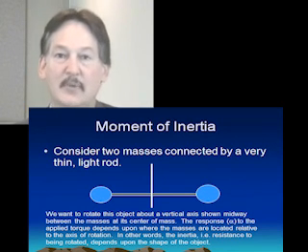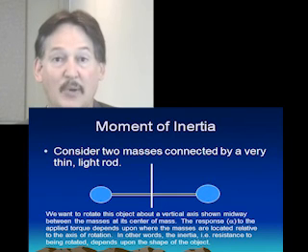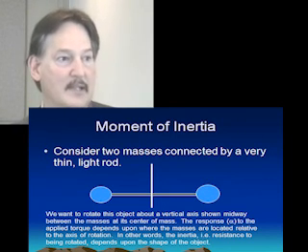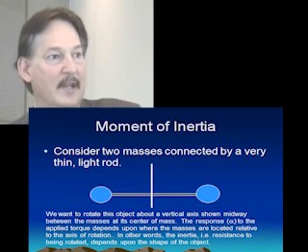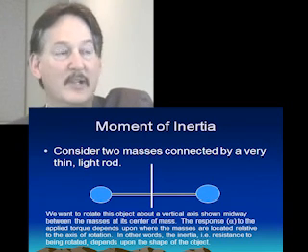And that means that the moment of inertia is going to change depending upon where the axis of rotation is located. But in this case, we are trying to find out what is the moment of inertia in this situation with the axis of rotation midway between.